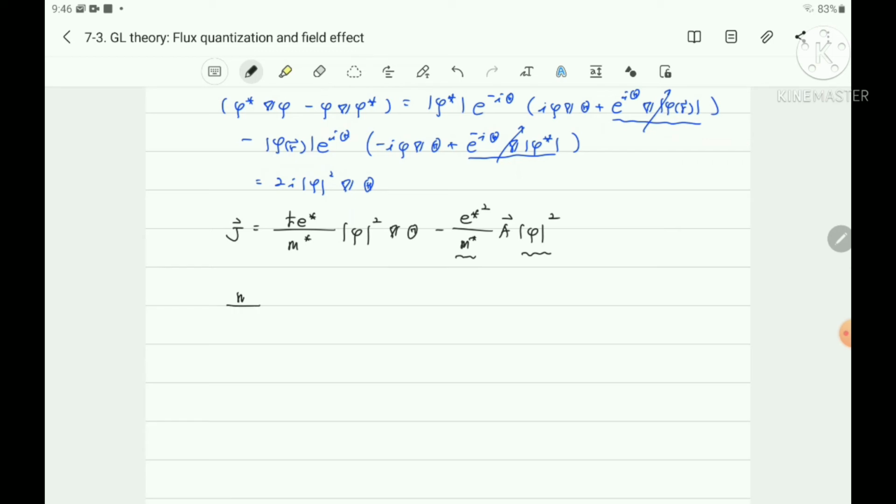Then m*/e*² times the line integral of J over φ² dot dl equals ħ/e* times the line integral of ∇θ dot dl, minus the line integral of A dot dl.